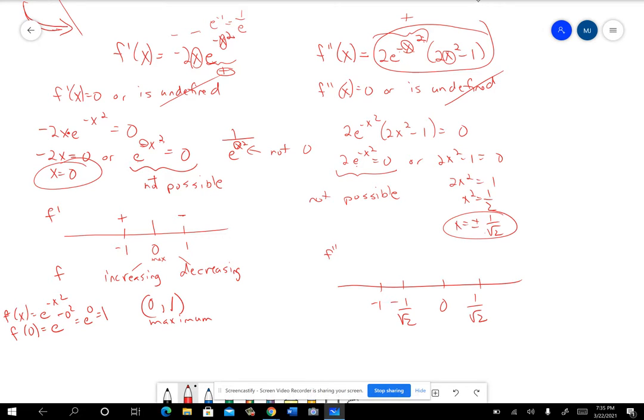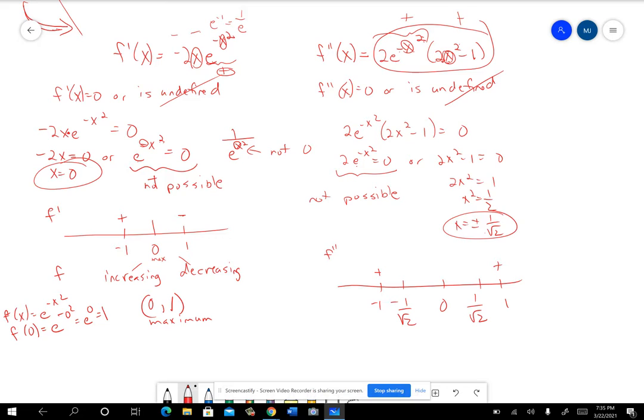That's always going to be positive. If you put in a -1 here and square it, you're going to get 1 times 2, which is 2. And when you subtract 1, you'll get 1, which is positive. So it's going to be positive here. Now it has y-axis symmetry, so that tells me that it's going to be the same when I plug in a +1. It's going to be positive.